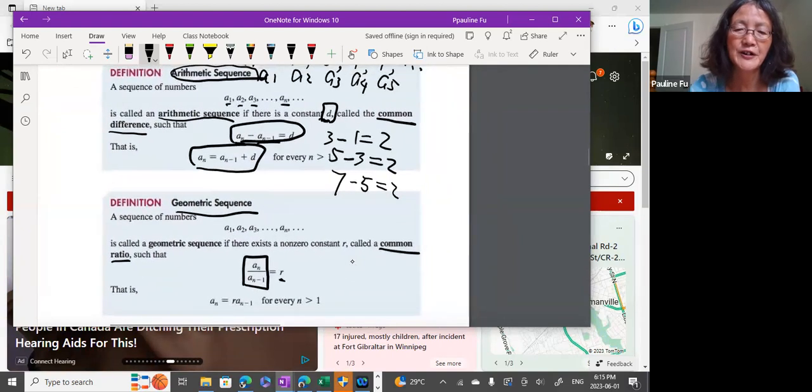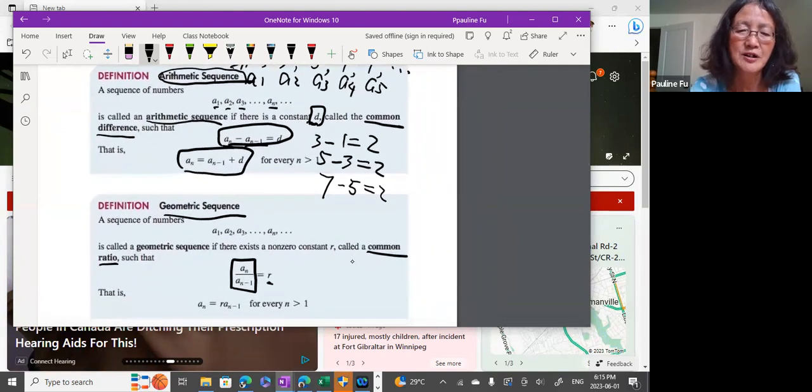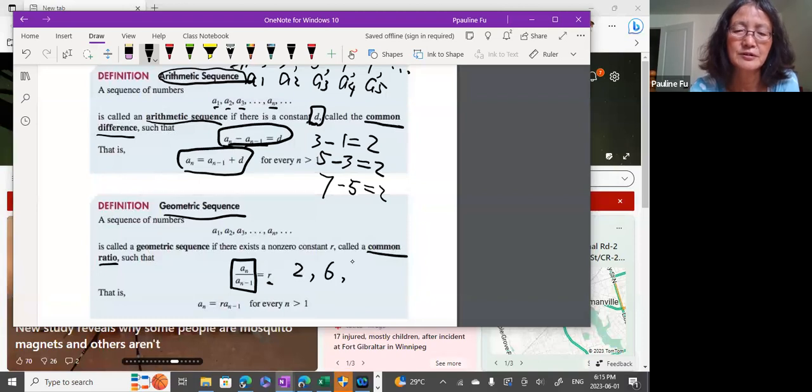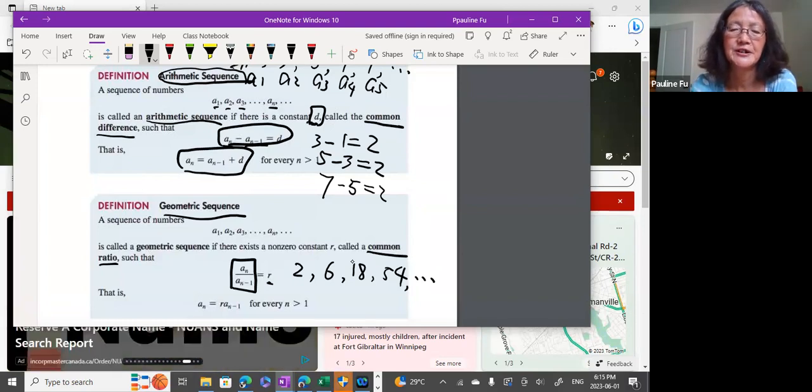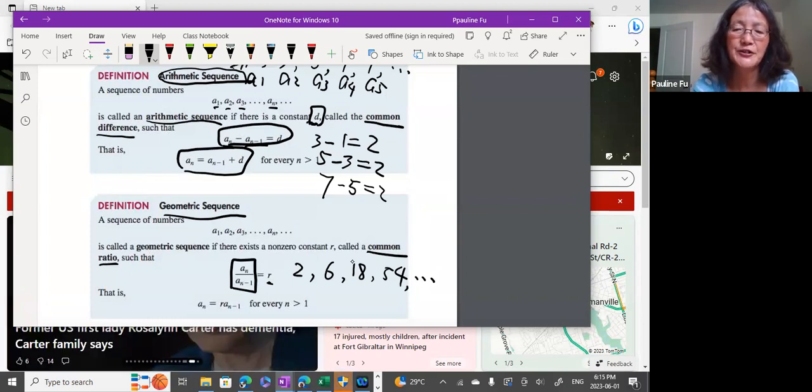For example, 2, 6, 18, 54, etc. This sequence is a geometric sequence because the ratio between two adjacent numbers is constant.